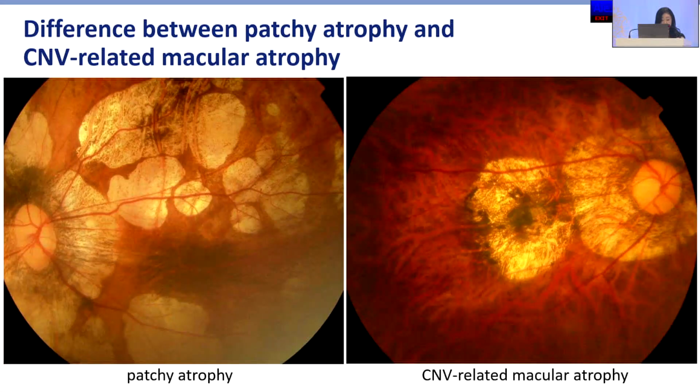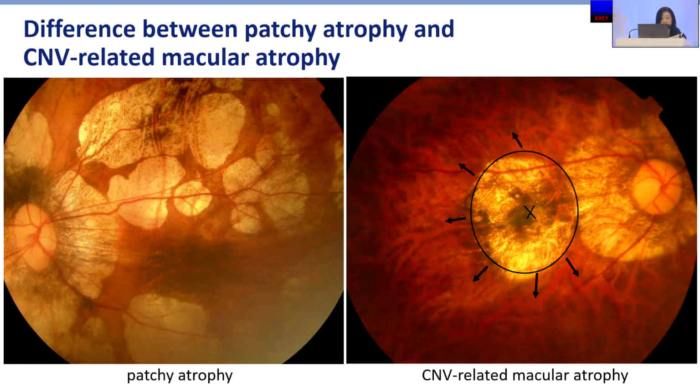And in addition, as I mentioned, the location is different. Macular atrophy is always centered on the fovea and expands circumferentially.